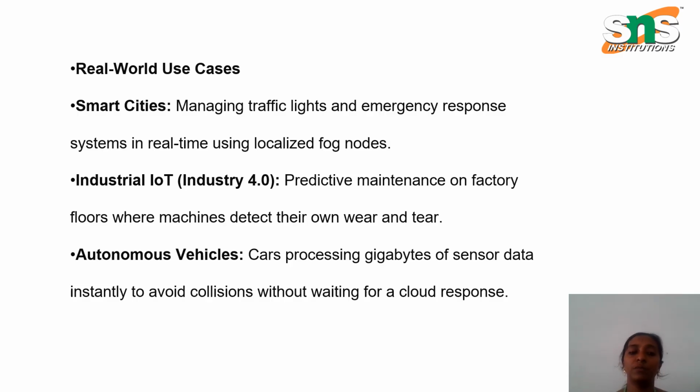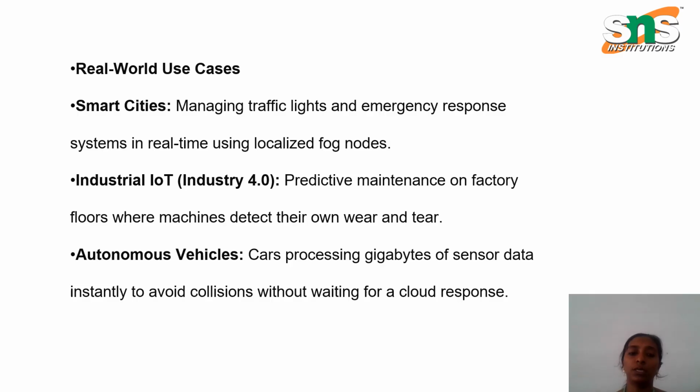Industrial IoT systems provide predictive maintenance on the factory floor, where machines detect their own faults. Autonomous vehicles can process gigabytes of sensor data instantly to avoid collisions without waiting for the cloud response.